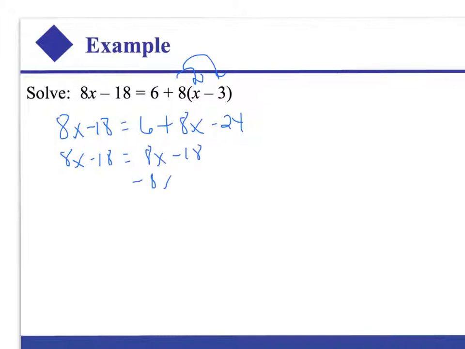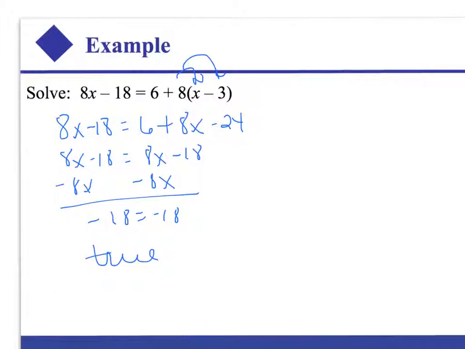I'm going to subtract 8x from both sides. So that gives me negative 18 equals negative 18. Uh-oh, where did our variable go? Yeah, it disappeared or it canceled itself out on both sides. If this is a true statement, and it is true, then we have infinitely many solutions, okay?